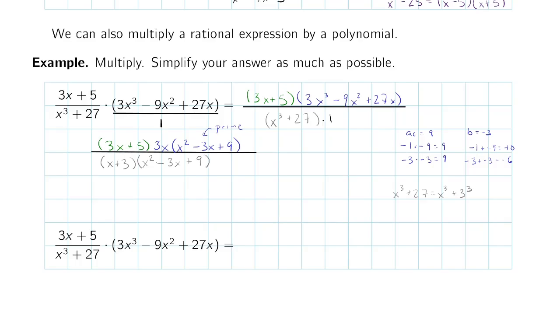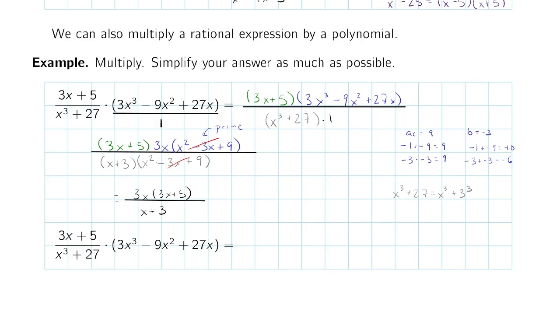Okay, well, that's lucky. I see that's a common factor that I can cancel out. And so I'll be left with 3x times 3x plus 5 in my numerator, and just x plus 3 in my denominator.